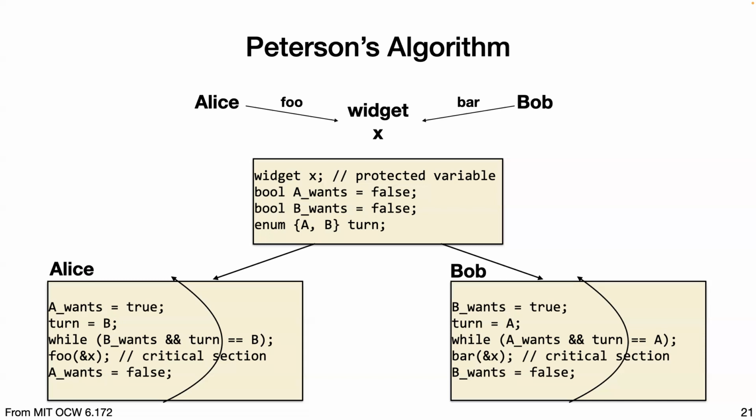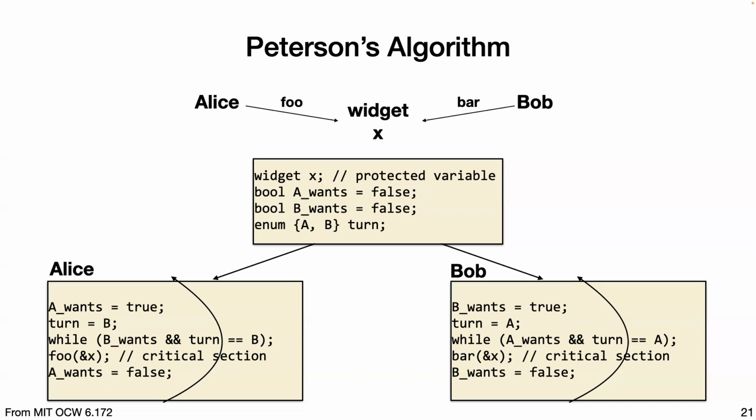Let me try to follow what you said. So A1 is true, B1 is true, turn is A, and now we're here. And Bob is staying. Oh, I see. Okay, sorry, this is like an empty while. So Bob stays here, and turn is A. A1 is true, and both of them are true.